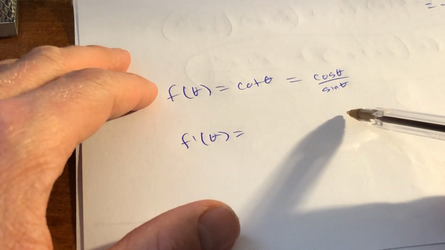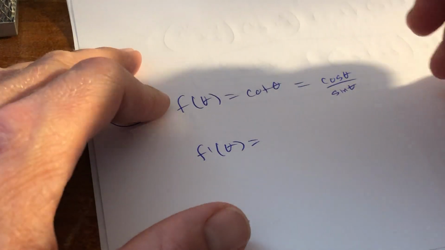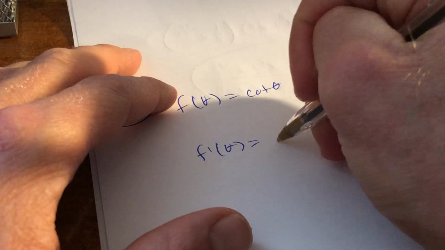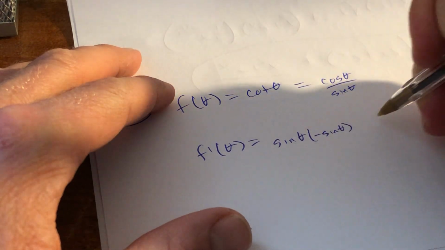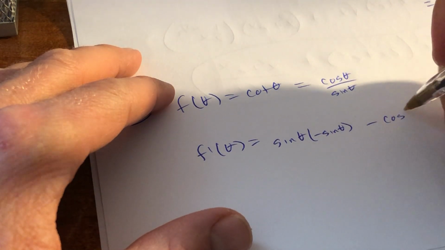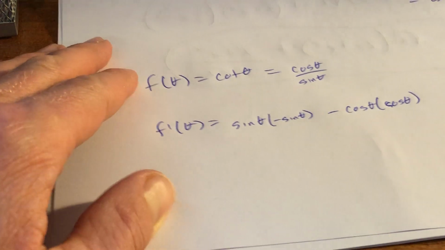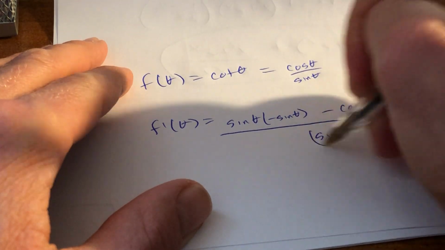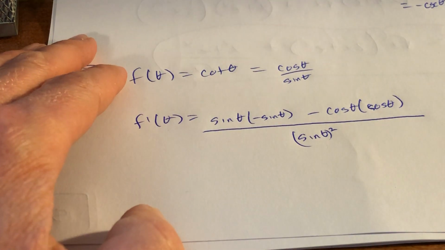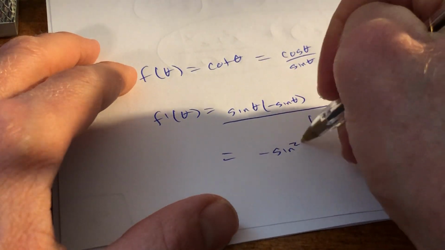Okay, so what's the derivative of cotangent? Well, cotangent is cosine over sine. So low d high minus high d low all over the square of what's below. So look what's going up top.